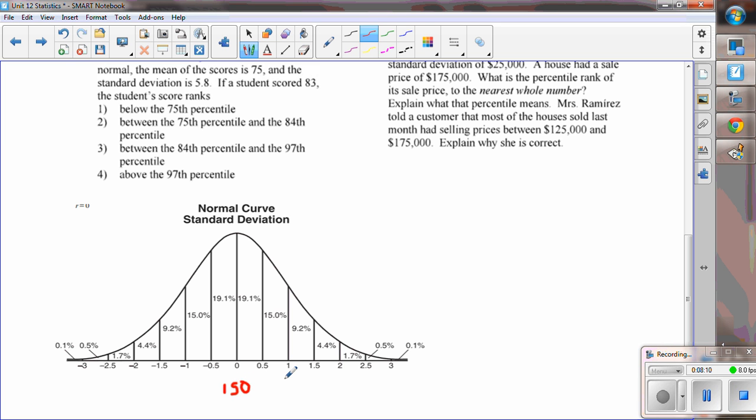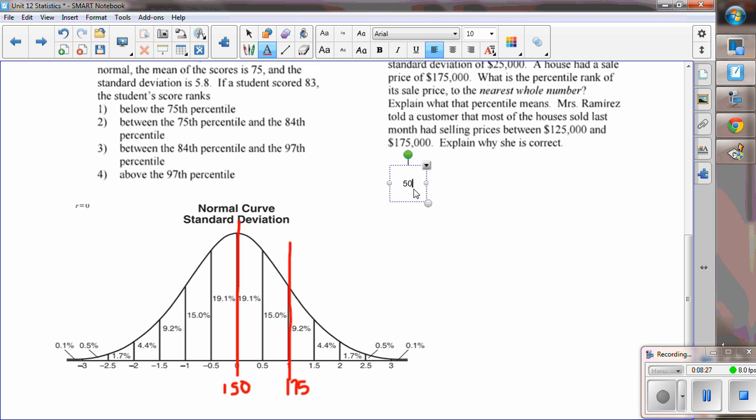So this is 150, 175 is here, and you're going to add everything up to this value. You know the midline is going to be 50%. So you know that this is going to be 50% plus 19.1% plus 15.0%. And that is going to give you 84.1%. To the nearest whole number, that is going to equal 84%.